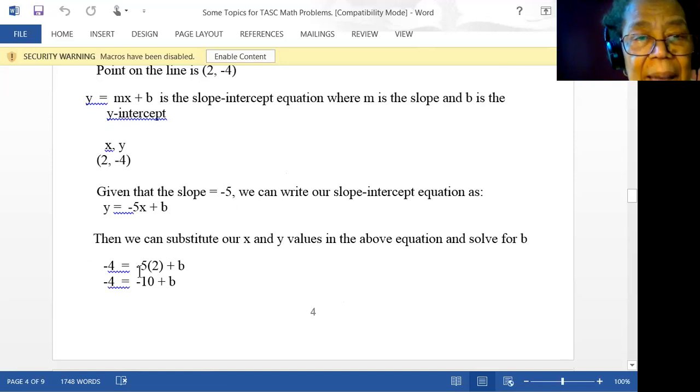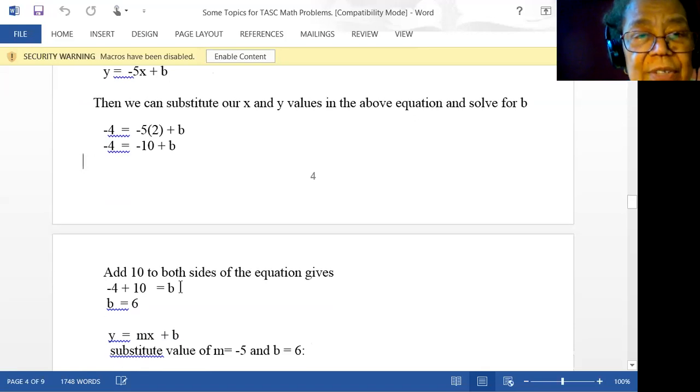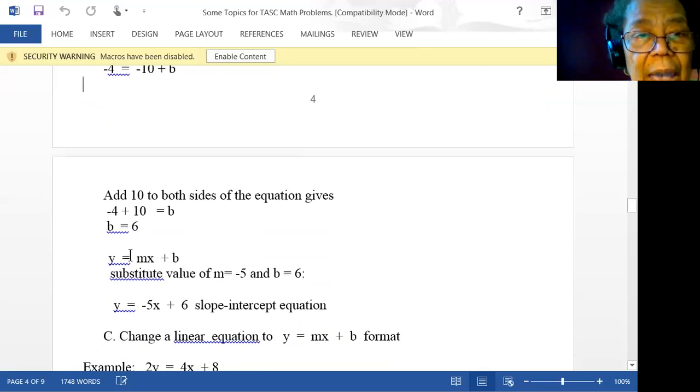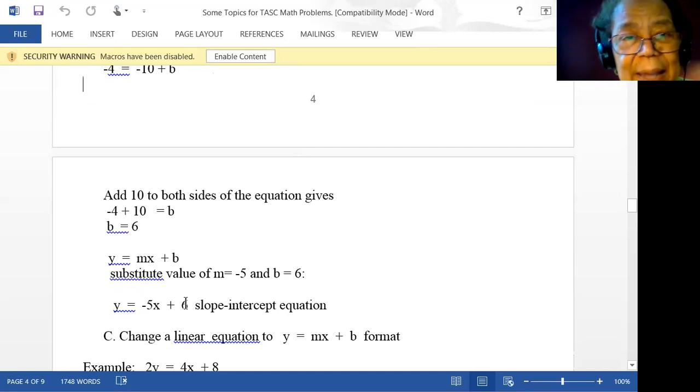Minus 4 equals minus 5 times 2, which is minus 10, plus b. And so to find b, let's add 10 to both sides of the equation. We get minus 4 plus 10, so b is 6. Now we substitute those values in the equation: y equals minus 5, which is the slope, x, plus 6, which is the y-intercept.